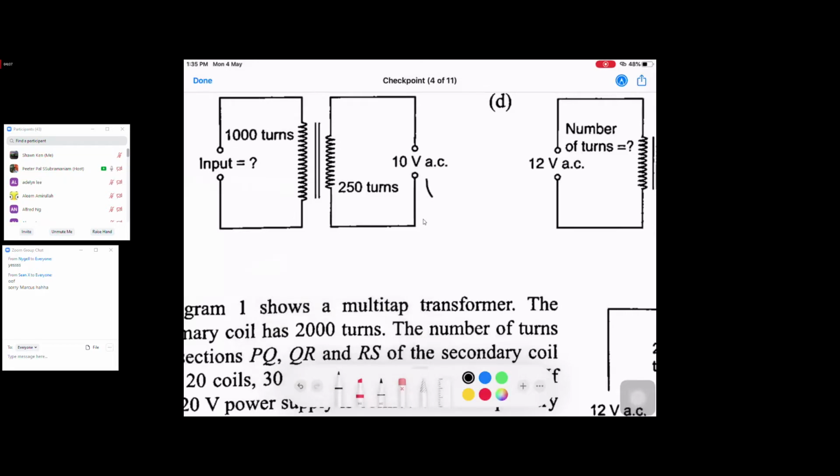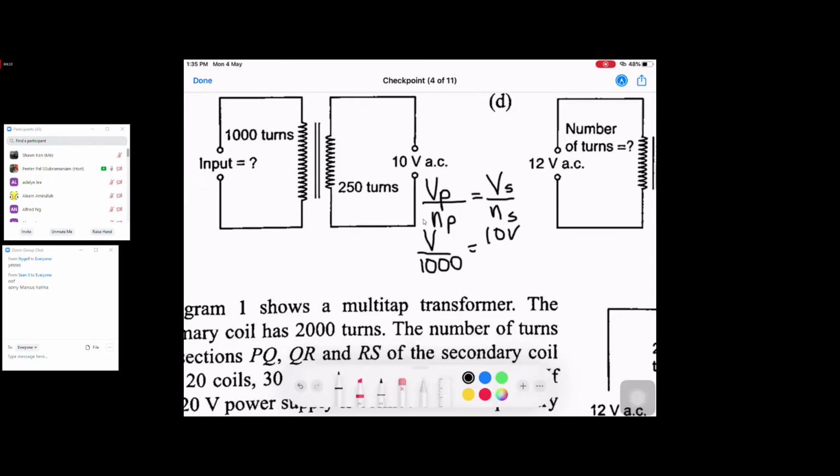Primary voltage over number of turns of primary equals secondary voltage over number of turns of secondary. Primary voltage we do not know, it's called input. Number of turns is 1000. Secondary voltage is 10 volt.